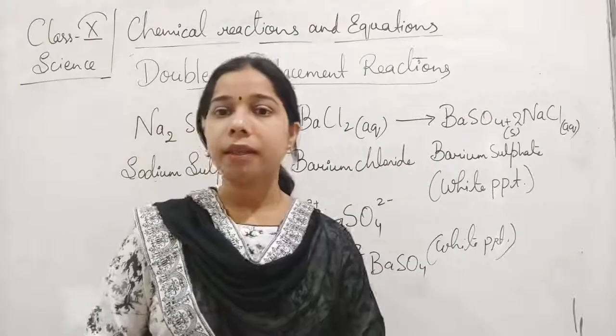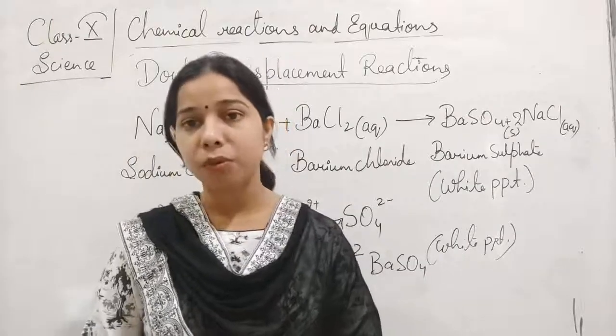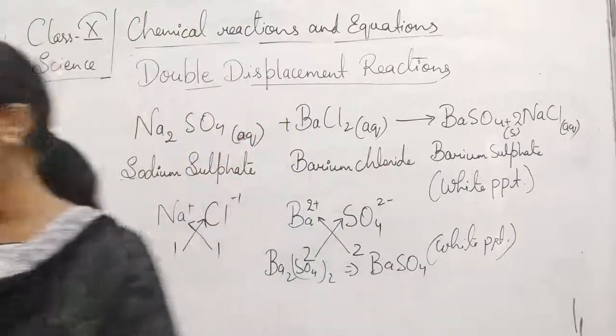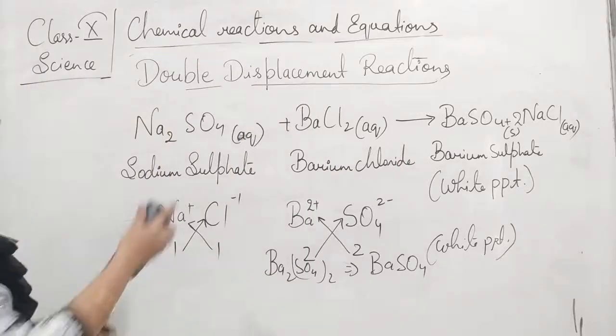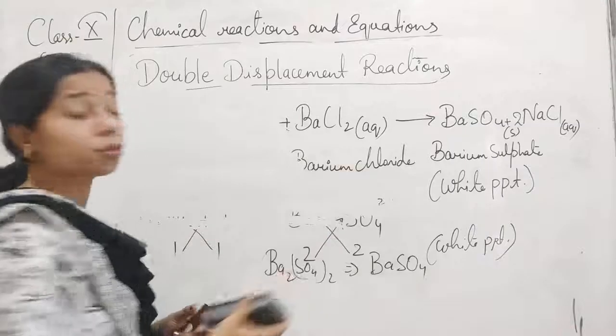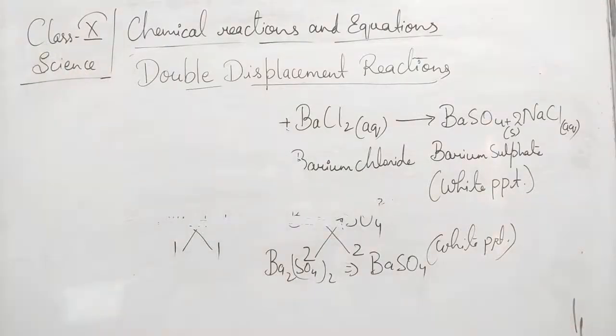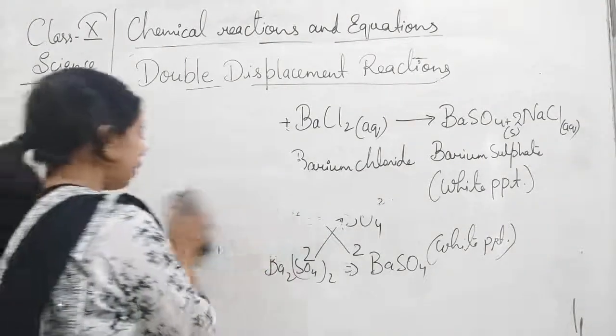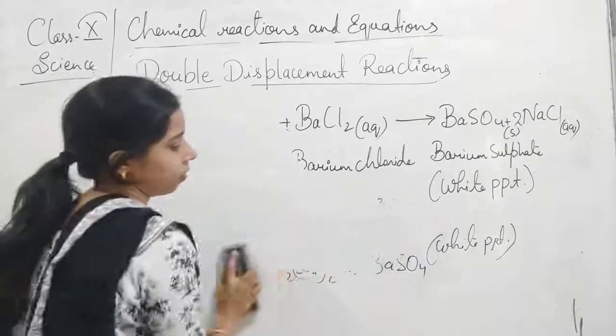Now moving on, let us see some more examples related to the double displacement reaction. So you see what happens when the silver nitrate reacts with the sodium chloride.